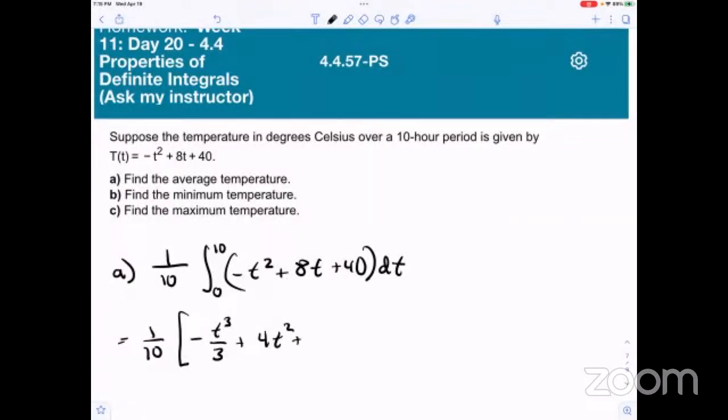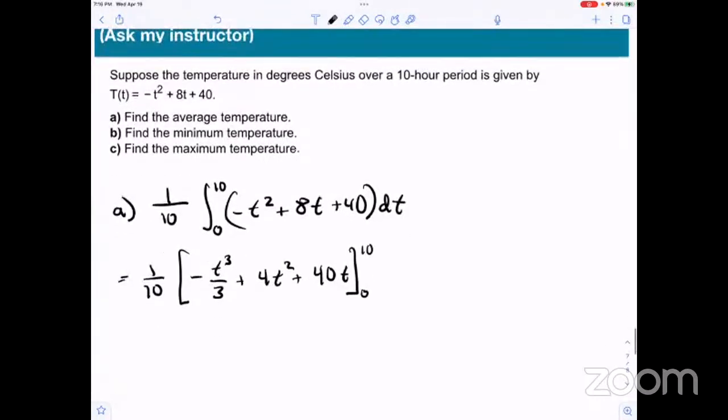We want to evaluate this as t goes from 0 to 10. When we plug in 0, that expression is gone, so we can just plug in 10: negative 10 to the power of 3 over 3, plus 4 times 10 squared, plus 40 times 10.